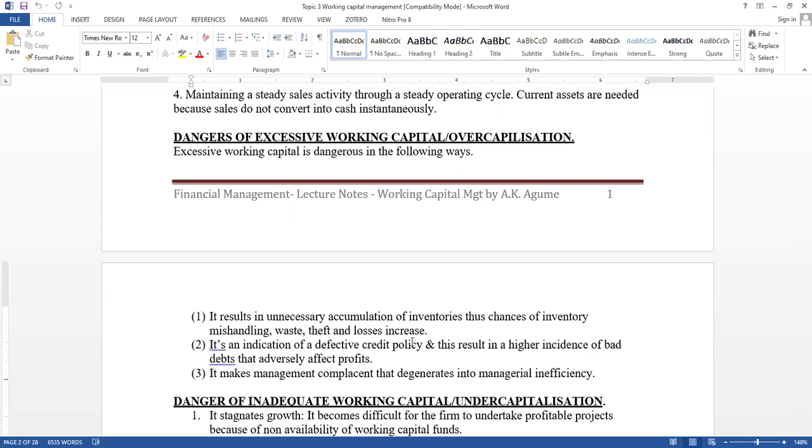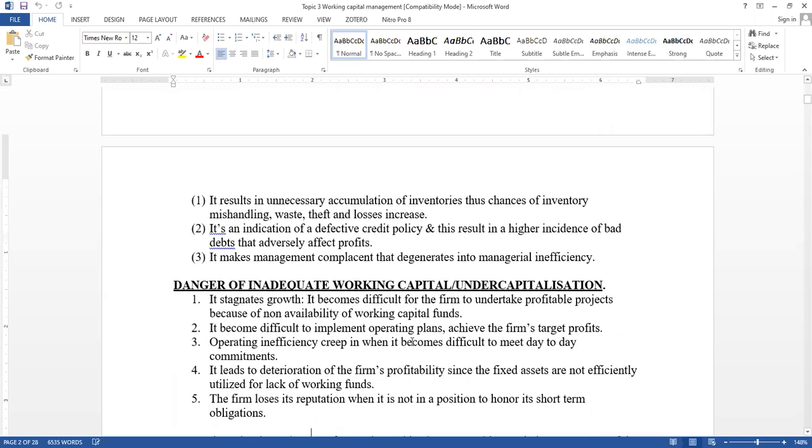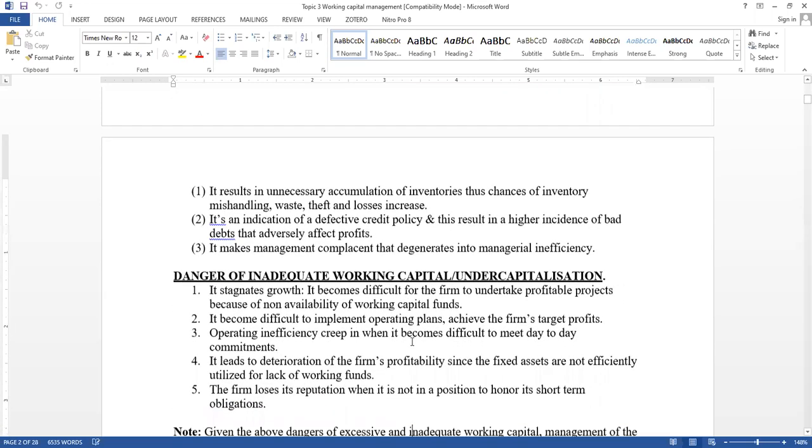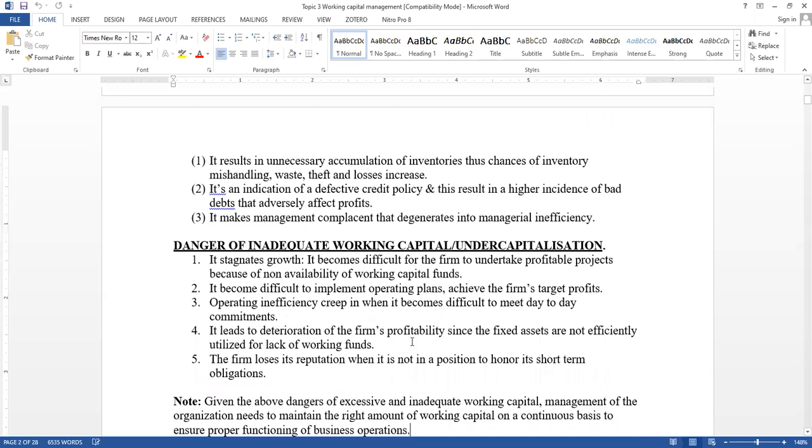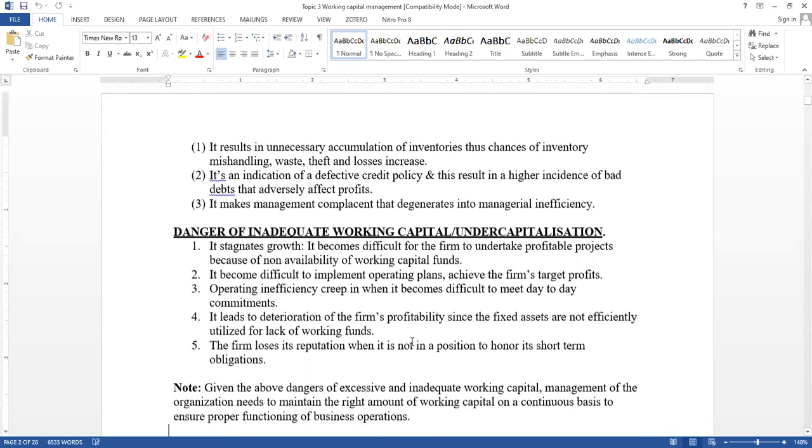But also, if it is inadequate, it is not good. Because you find that growth will be at a standstill, because it will be hard for you to undertake profitable projects, especially if you do not have enough working capital funds.